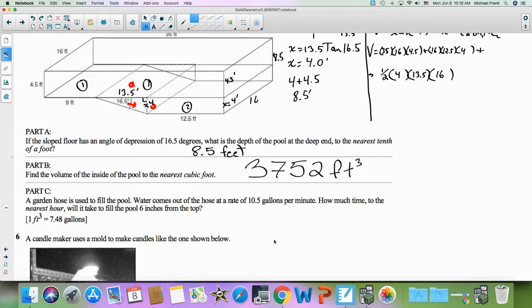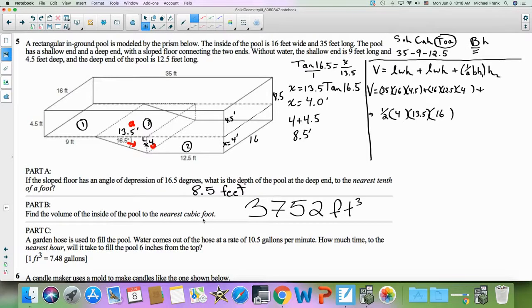But before we do that, they're not filling the pool all the way. We got to subtract some. They're going to do it for 6 inches to the top. So that's a whole other rectangular prism that we need to subtract out of our 3752. We got to subtract out some volume here. So basically, we have the same width and the same length.